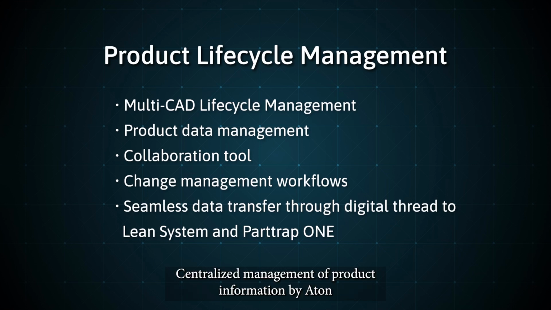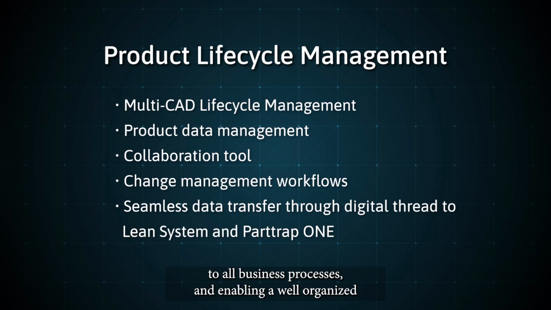Centralized management of product information by AtoN PLM ensures that accurate and up-to-date data is available to all business processes and enables a well-organized method for handling changes in the product data. This optimizes the digitalization of processes, significantly enhancing your company's operational efficiency and creating a solid foundation for the product's digital thread.